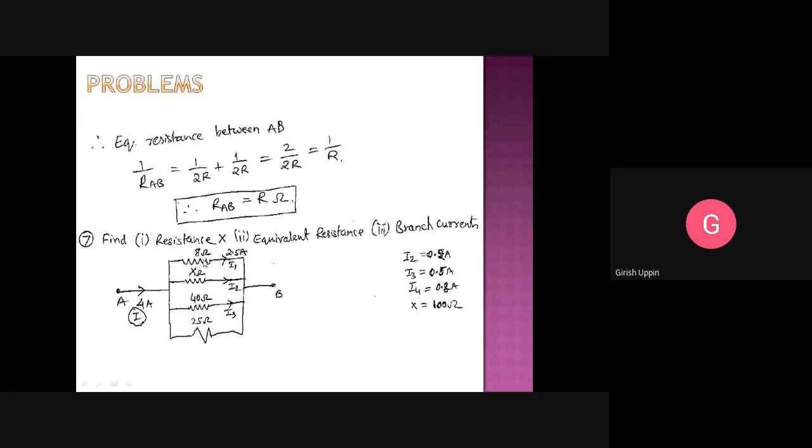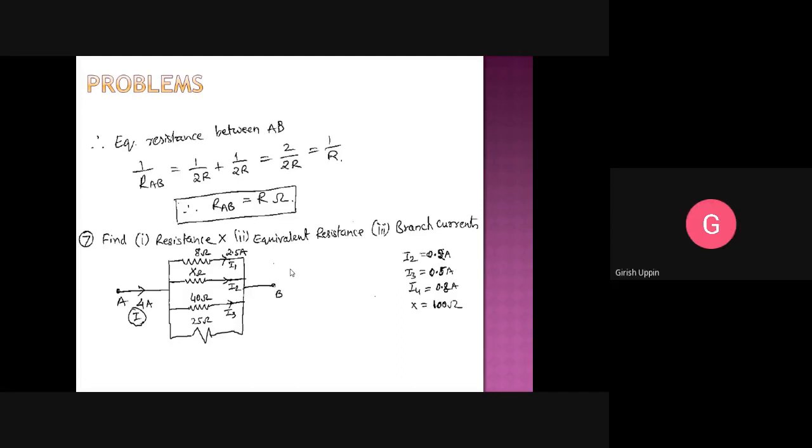So I will find the voltage across this branch. If I know the voltage across the branch, the same voltage would be applied to all other branches. So V is equal to I1 into R1, that is 8 into 2.5. How much is 8 into 2.5?